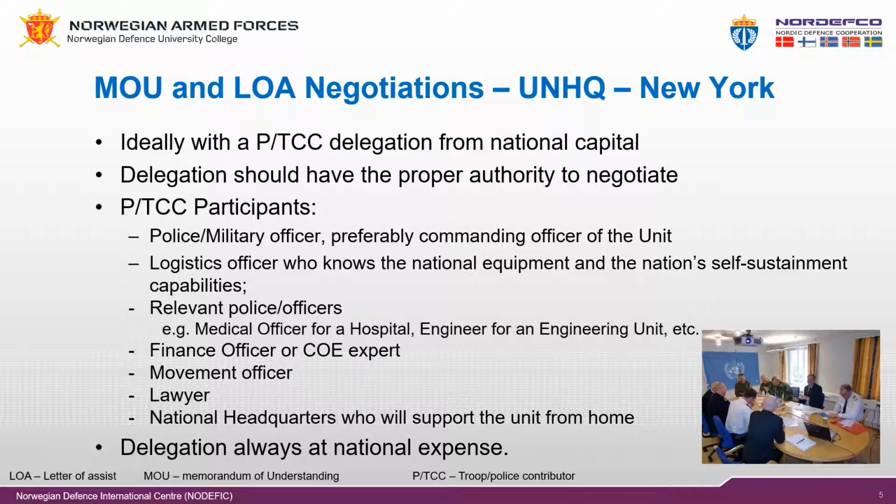The delegation also needs to have a proper composition.